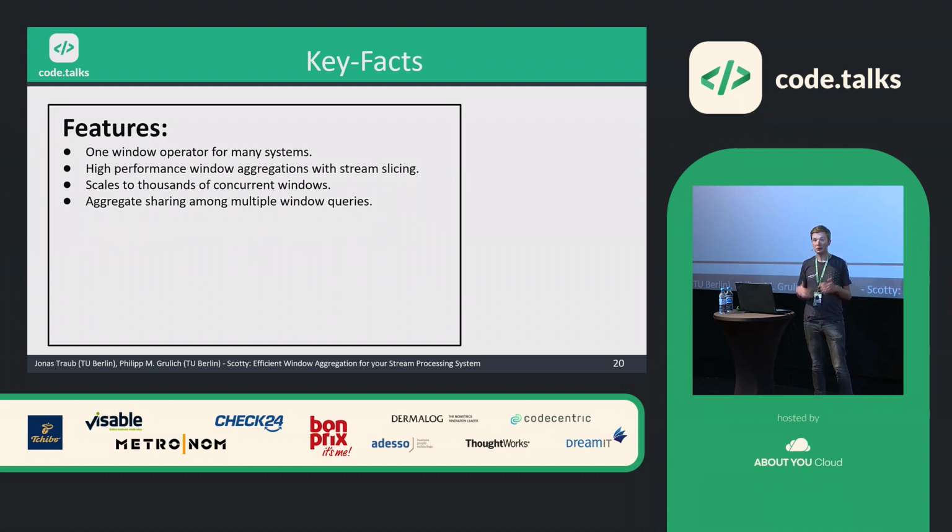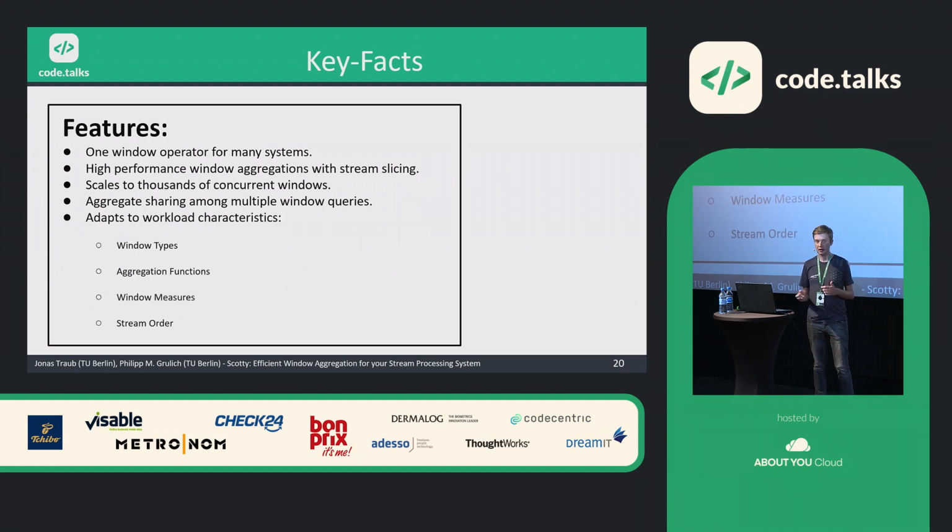And this is really useful when you want, for example, to detect patterns where you maybe need multiple aggregates of different time scales. And furthermore, Scotty, or the window processor, gives you the freedom of all the workload characteristics we discussed before, like the different window types, the aggregation functions, the window measures, and it's also independent of the order of your stream.